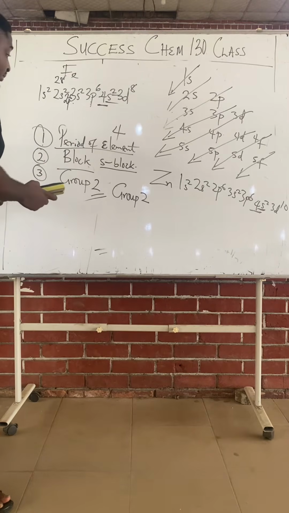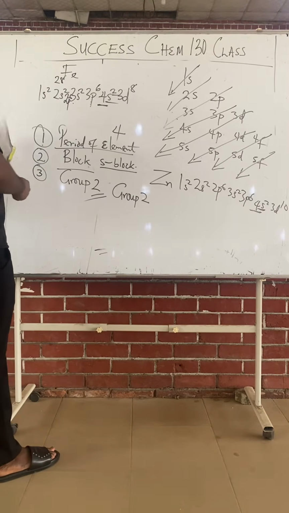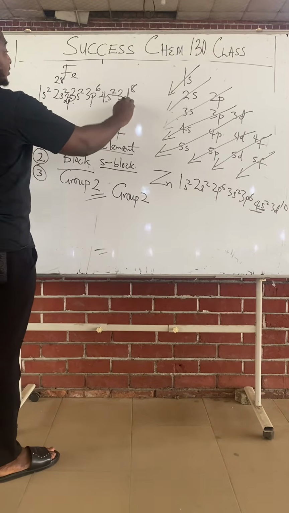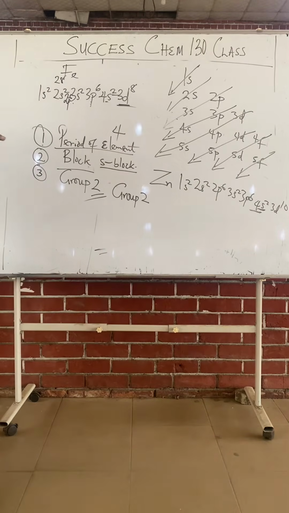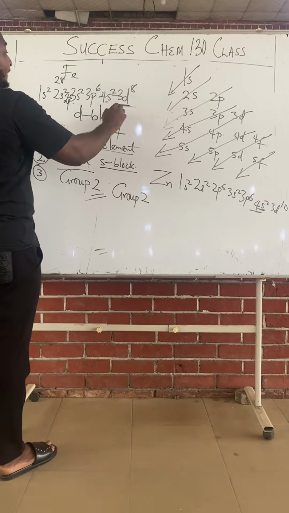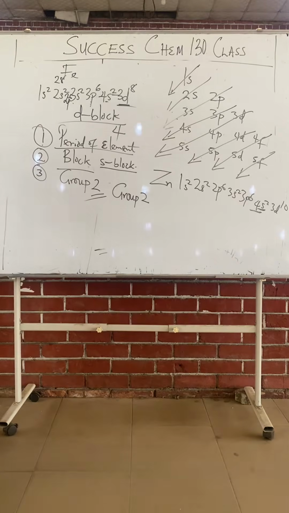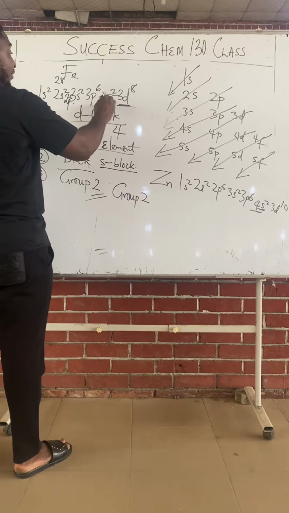Class, for iron, please, I made a mistake. Iron actually belongs to the D block. The last block that receives an electron is the block that the element belongs to. Please take note. I was thinking I was using the last shell.